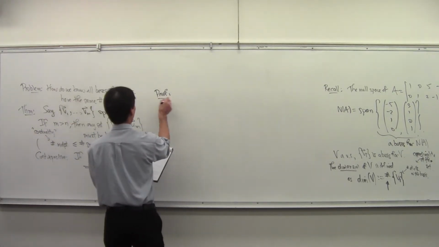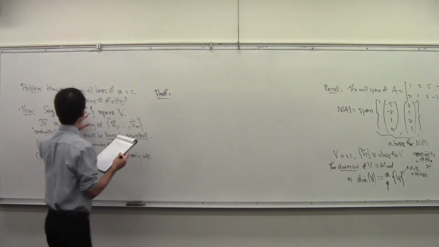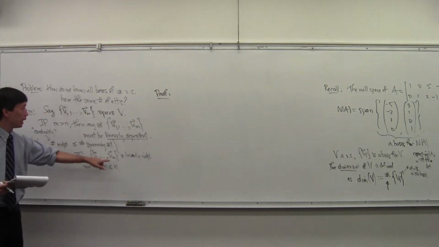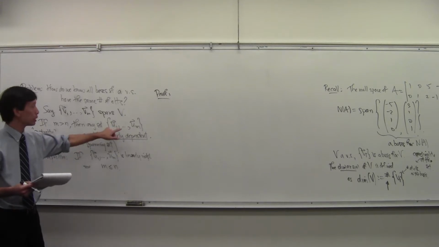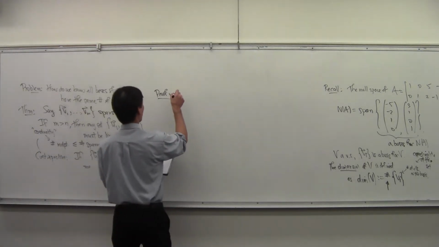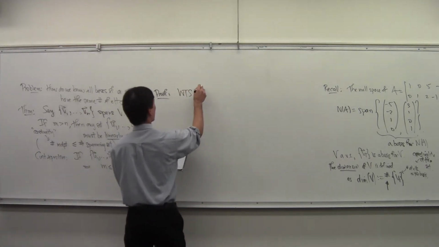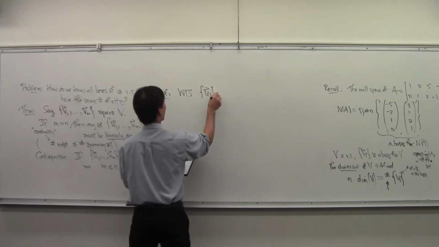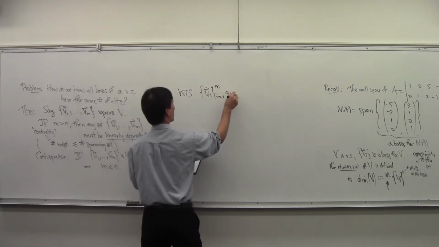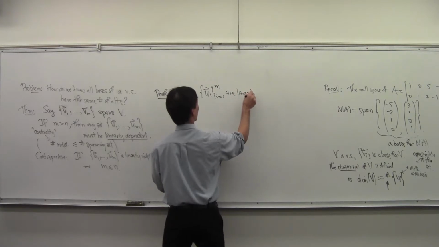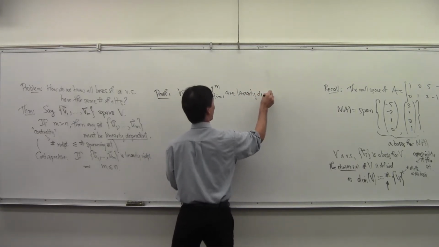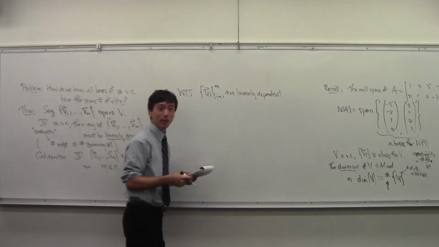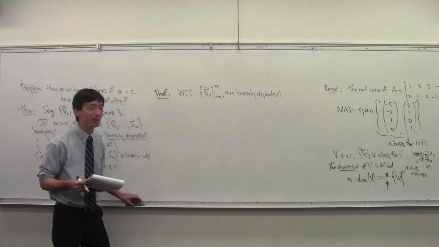Okay, let's start off. Suppose we have a bunch of vectors in V, and suppose we have these guys whose cardinality is bigger. We want to show that the ui, i from 1 to m, are linearly dependent. And I'm hoping that you are not bored, but just tired.